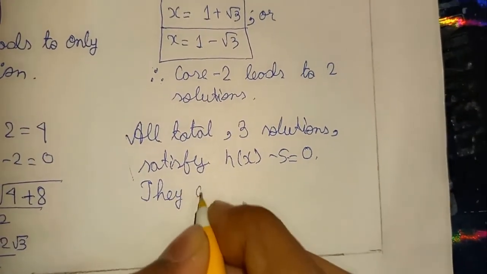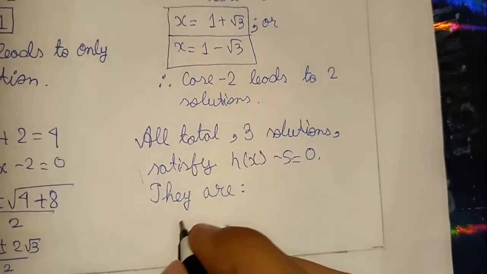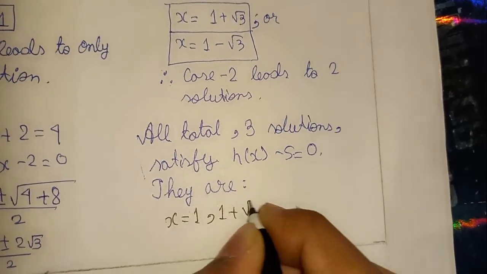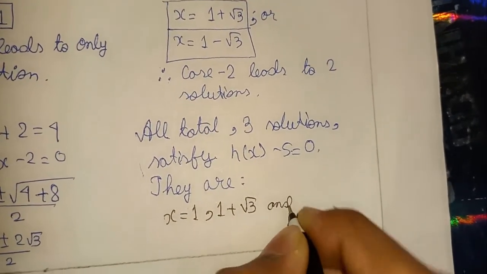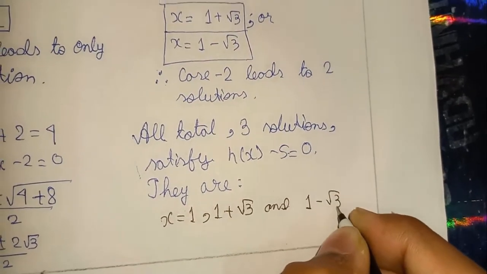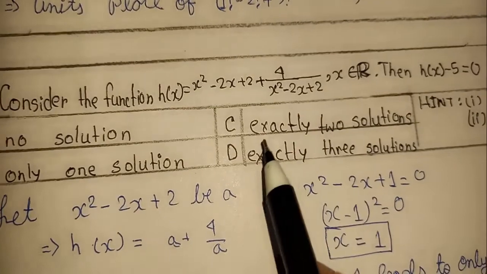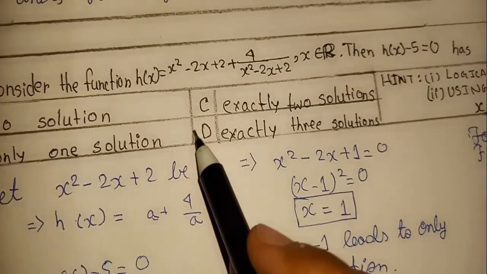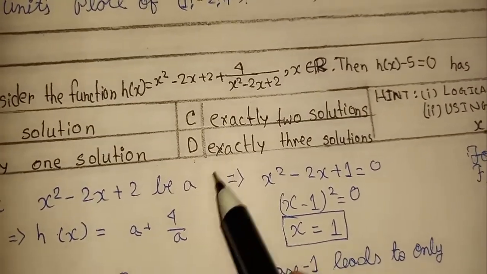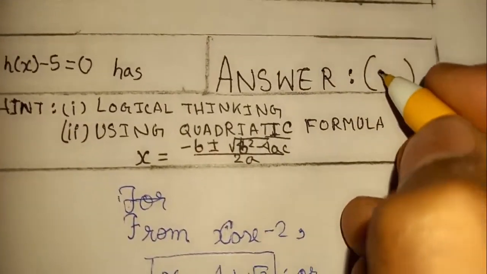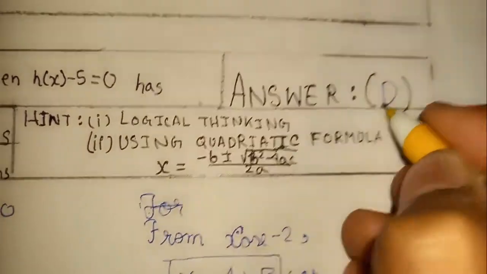They are x equals 1, 1 plus root 3 and 1 minus root 3. Now, from the options, we see that we are getting option D and it will be the correct answer. So, the answer to this question is nothing but option D.